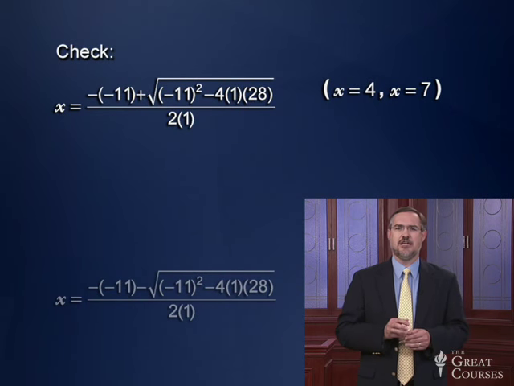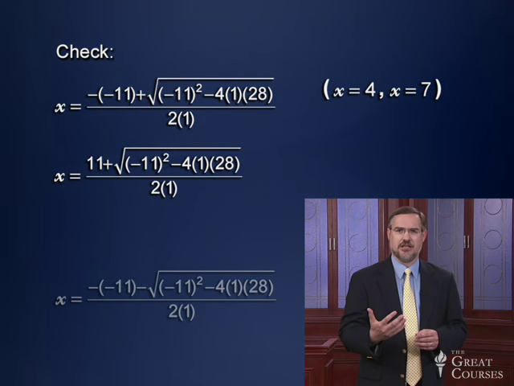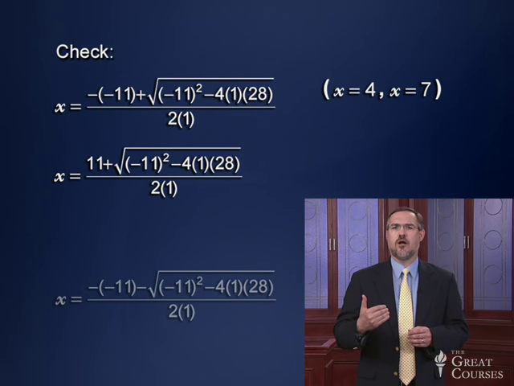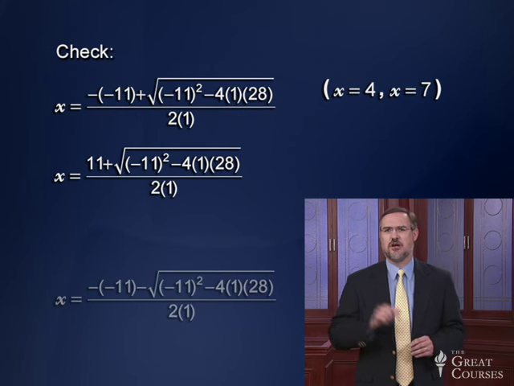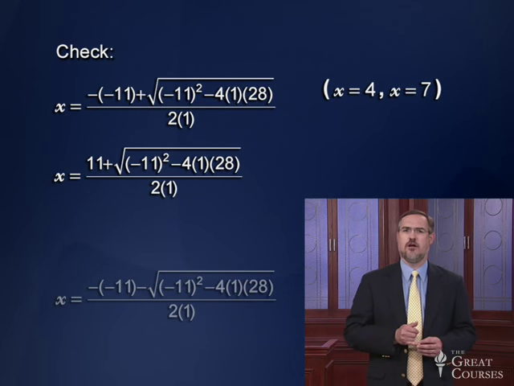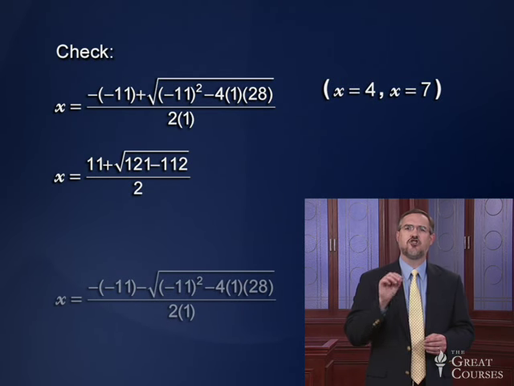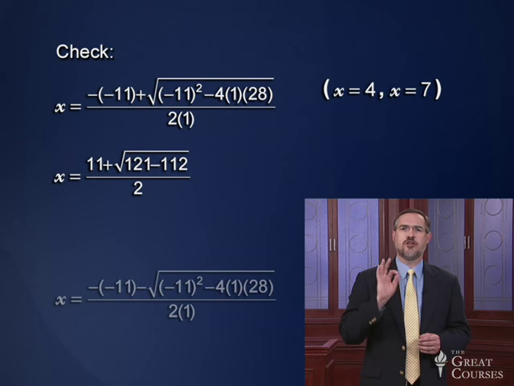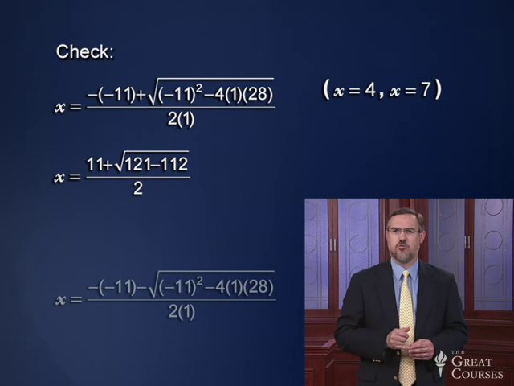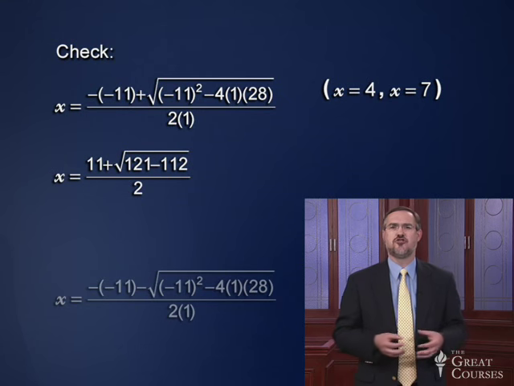We have x equals the negative of negative 11, which becomes positive 11, plus the square root of negative 11 squared minus 4 times 1 times 28 divided by 2 times 1. That means x equals 11 plus square root of 121, that's the negative 11 squared, minus 112, that's 4 times 1 times 28, and the denominator is just 2, because that's 2 times 1.